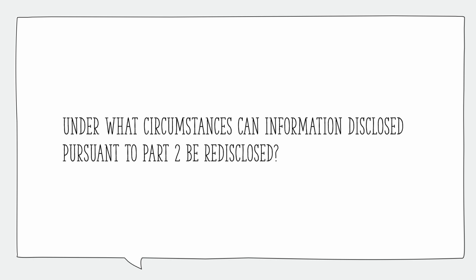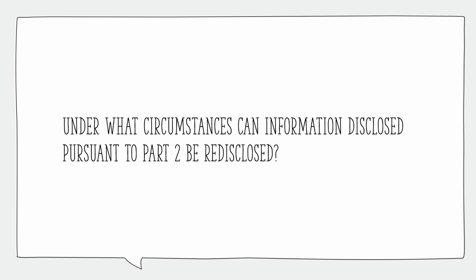If we have an audit or an evaluation, Part 2 permits disclosures to persons and organizations authorized to conduct audits and evaluation activities, but it imposes limitations by requiring any person or organization that is conducting the audit or the evaluation to agree in writing that it will redisclose patient identifying information only back to the program or pursuant to a court order to investigate or prosecute the program, not the patient.